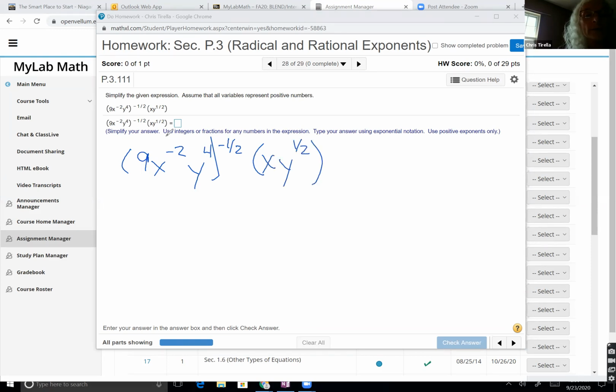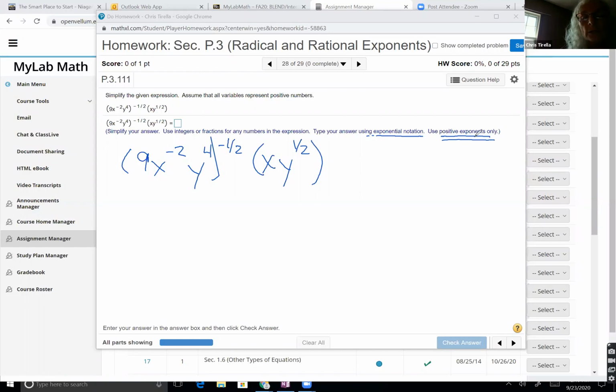It says use integers or fractions for numbers, so we have to simplify the number part. It says use exponential notation. That means we don't have to change it back into a radical. We can leave it as a fractional exponent. But then it says positive exponents only. So anything that was a negative exponent, we're going to have to rewrite somehow with a positive exponent.